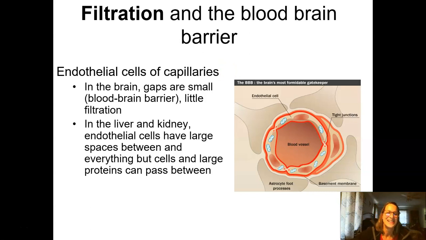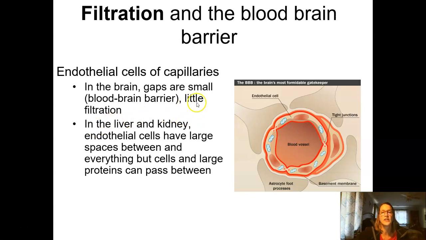It's hard to say. All that means is that the endothelial cells of the capillaries are really tightly packed, which means that not much material can move from the blood vessel into the brain. And that's to protect the brain from getting materials in there that need to not go there. So, for example, waste materials that might be being carried around in your blood.